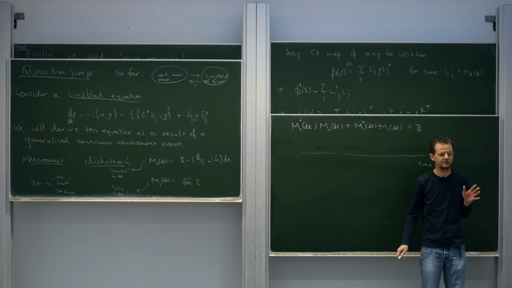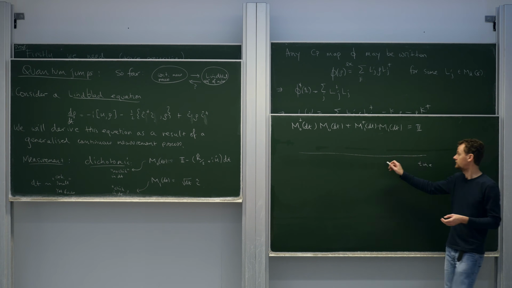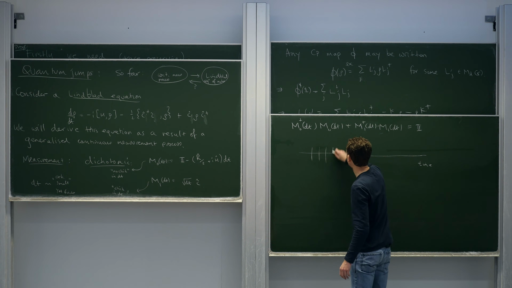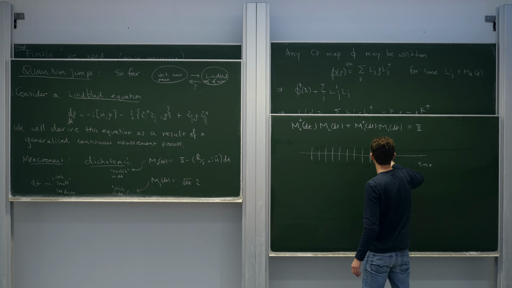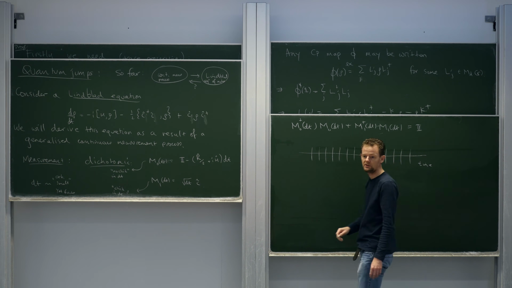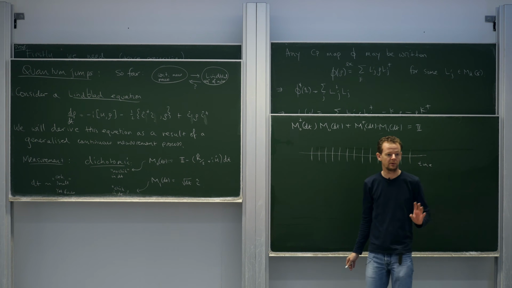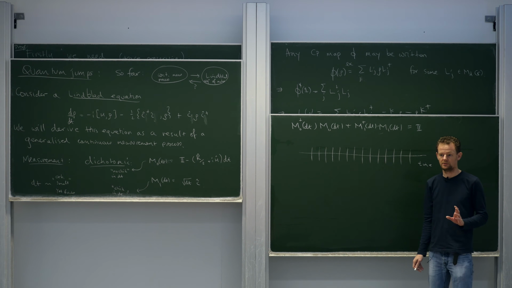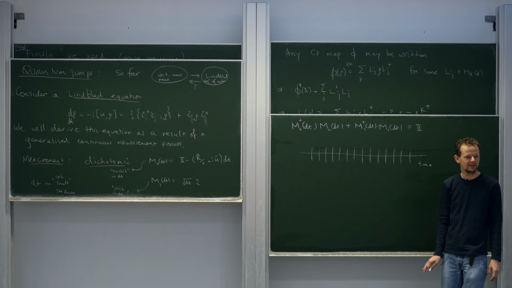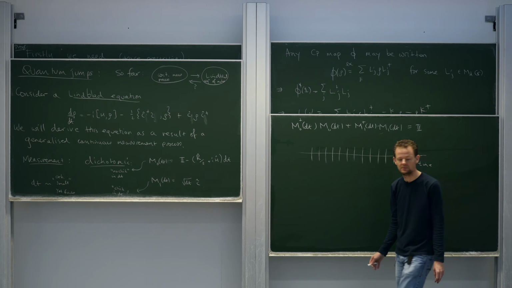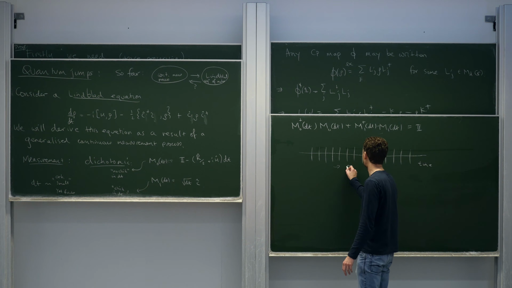The way to think about this is you have time, you have your system, and you break up time into these time bins, each of width dt. So dt is set by the resolution of your apparatus. I don't know, 10 to the minus 16 seconds. I'm not sure what dt's are, it kind of depends on frequencies, resolutions, and so on.